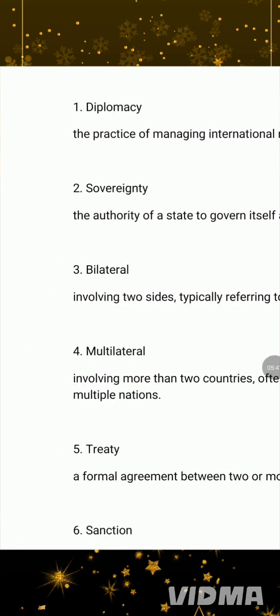Number 4, multilateral. I like this one. Now, when it comes to the Jamb syllabus, you should understand something: Nigeria's foreign policy is not bilateral. Rather, Nigeria's foreign policy is multilateral. So multilateralism is a basic feature of Nigeria's foreign policy. You know why?